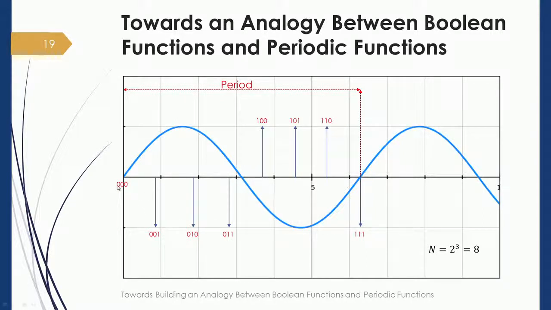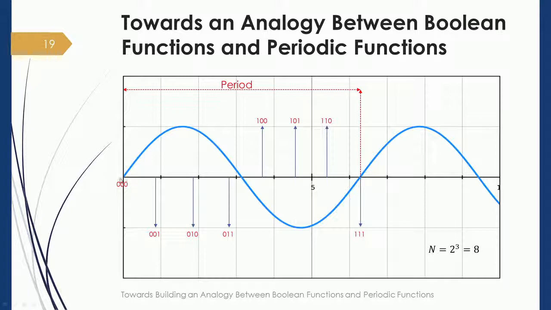And when we represent each one of these indices by their binary values, we see that a 3-bit representation in this context, where uppercase N equals 8, is sufficient. So, if you notice, there is a natural analogy between these discrete periodic functions and Boolean functions.